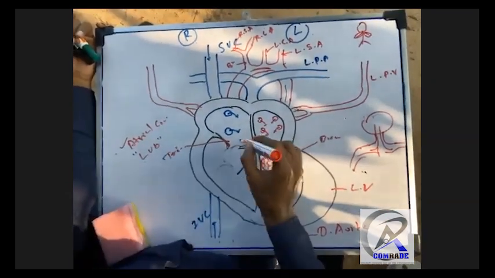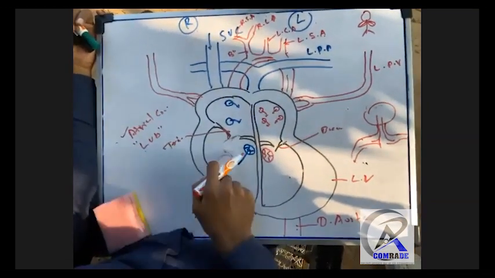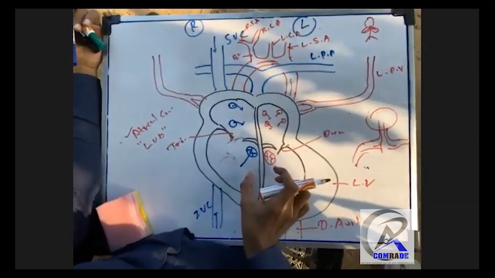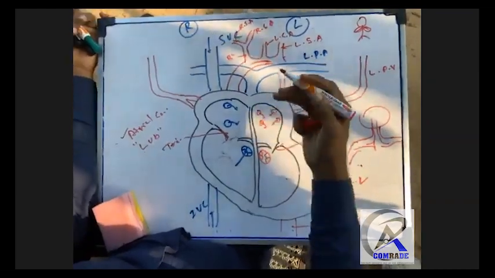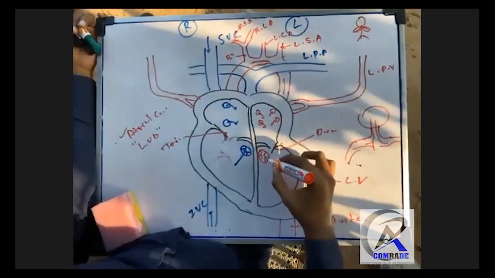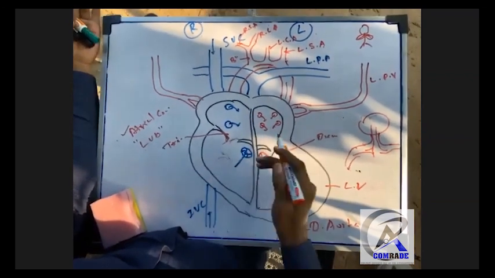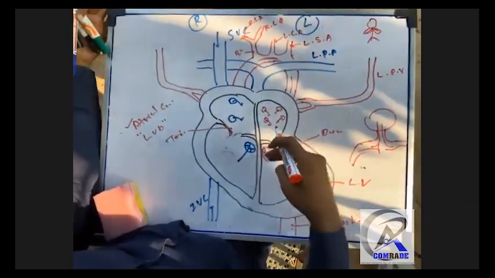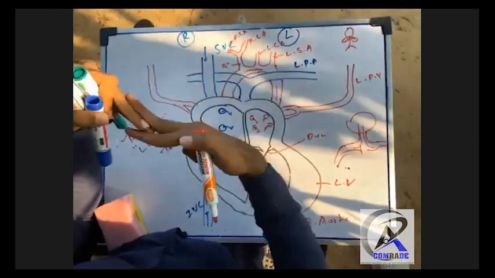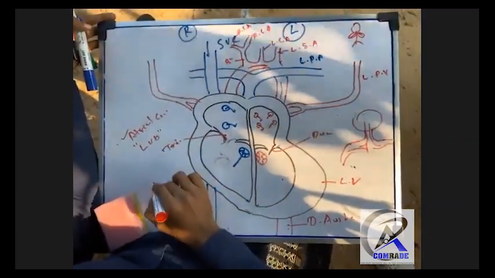Then the blood moves inside the pulmonary artery and the aorta, and it doesn't need to come back to the ventricle chamber. For that, the semilunar valves should be closed. When the semilunar valves close, they make a sound.